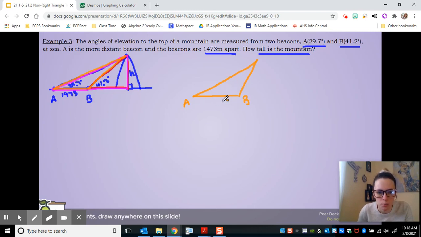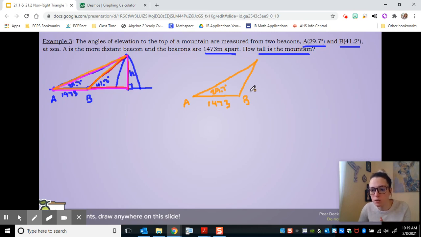I know the distance between A and B is 1473. I know angle A down here was 29.7 degrees. And I know this angle B, in this case the outside of my triangle, is 41.2 over here.